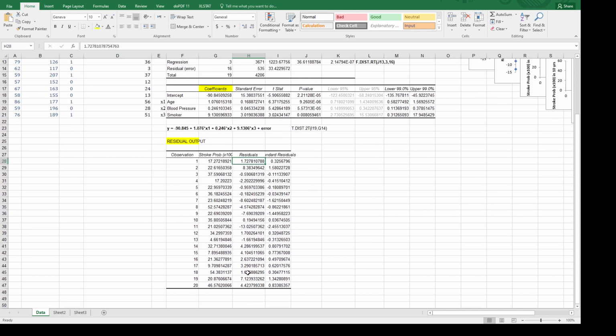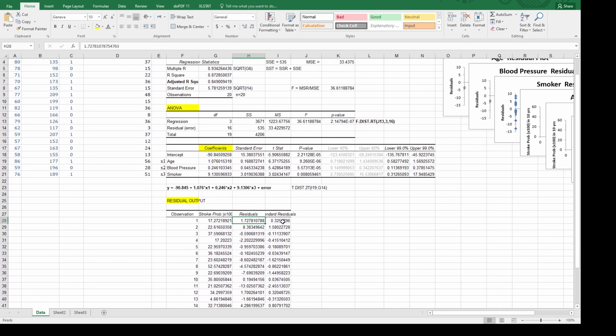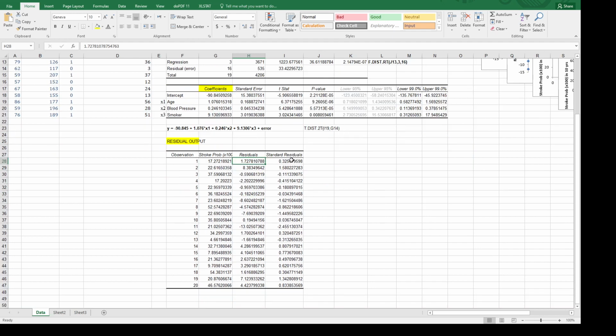Absolute value of residual, not much informative, but then when you go with the standardized or standard residuals that is automatically computed, these values are the ones we care about.